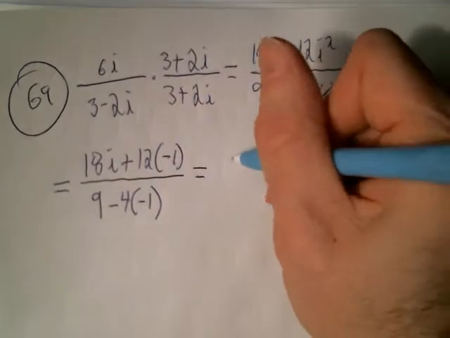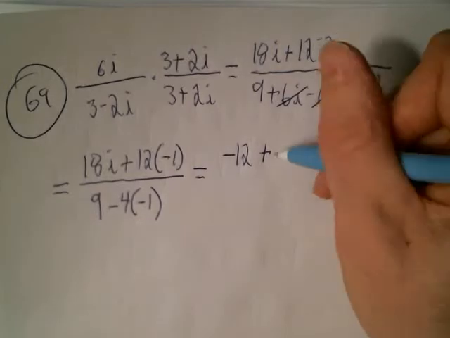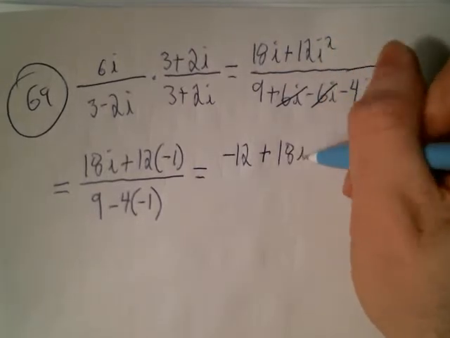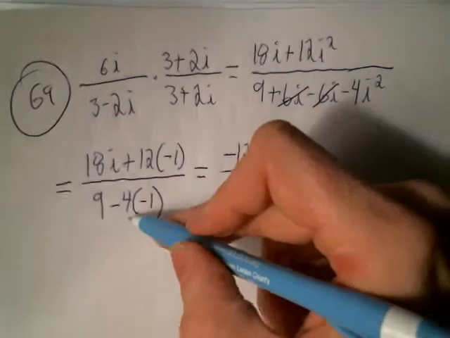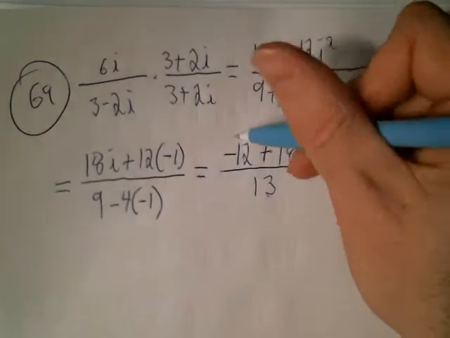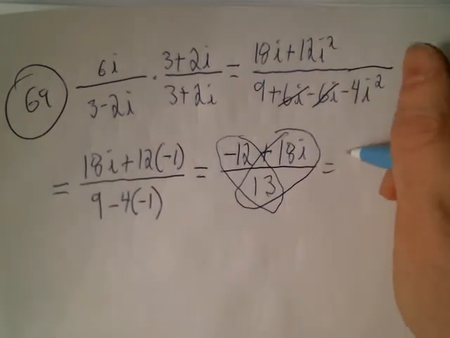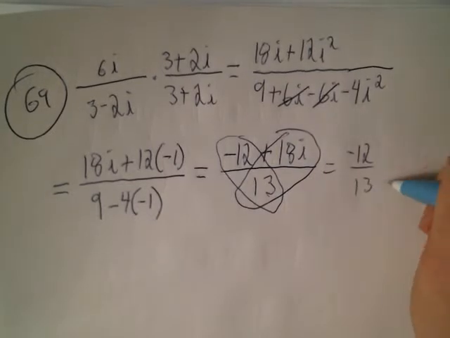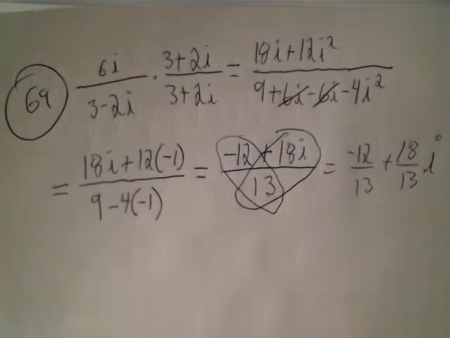Rewriting the top, I'll have negative 12. You always want a plus bi form, so I put the real part first, plus 18i. Downstairs, it'll end up being 9 plus 4, which is 13. Then you could butterfly, and you'll have negative 12 thirteenths plus 18 thirteenths i.